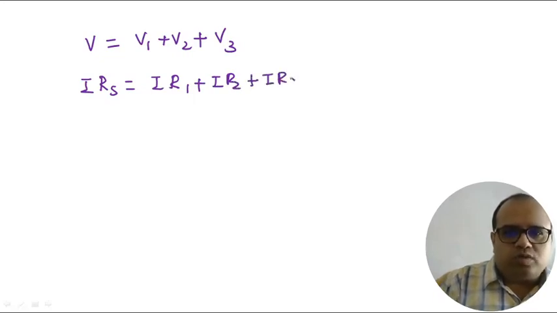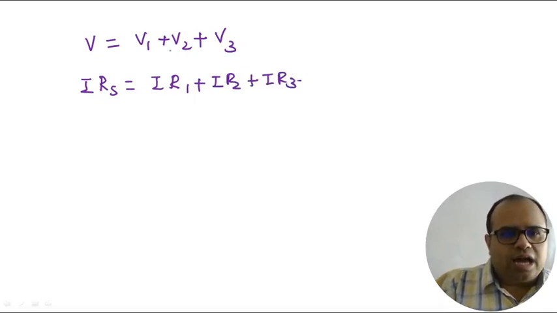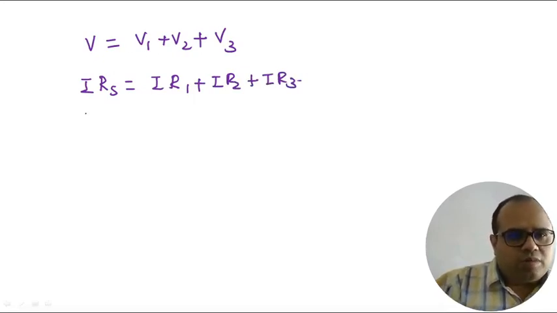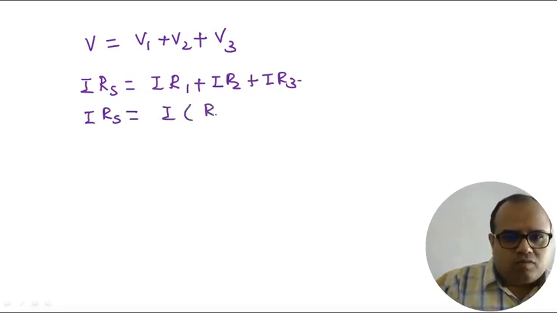All these values we substituted. Now you can take I common. When we take I common, you can write I into RS is equal to I times R1 plus R2 plus R3, correct?